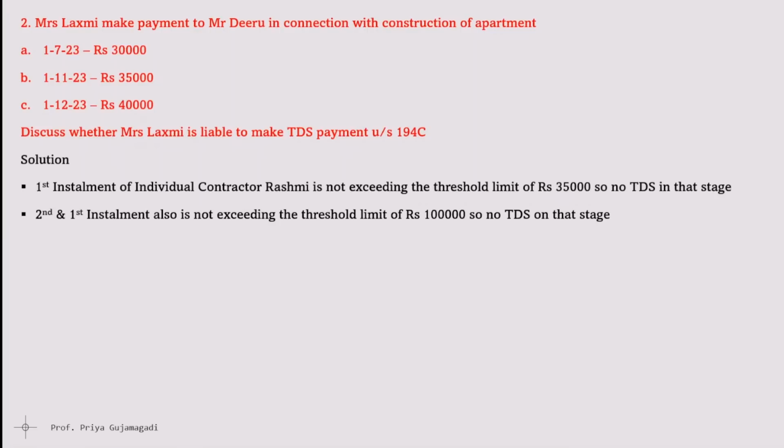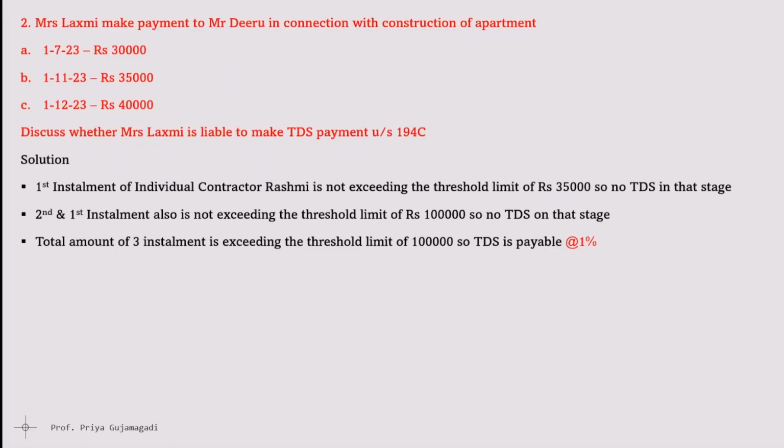So for example here, the first installment is 30,000, the second installment is 35,000. Together we have 65,000. So this 65,000 is not exceeding the limit of 1 lakh rupees. So no TDS is paid at that stage.